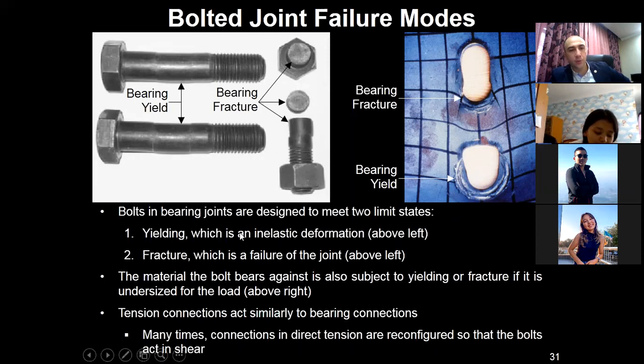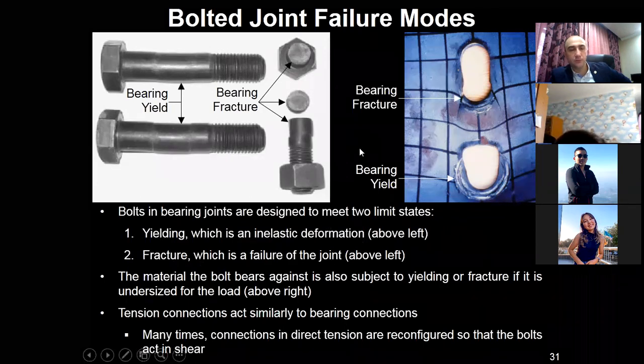Yielding is an elastic deformation, when the size is increased, the thickness is changed, and so on. The second, fracture, is failure of the joint.